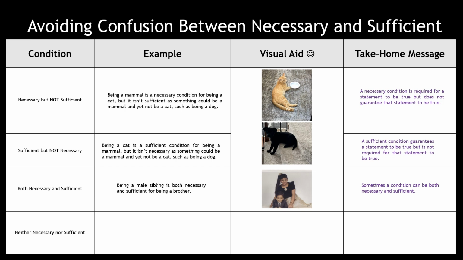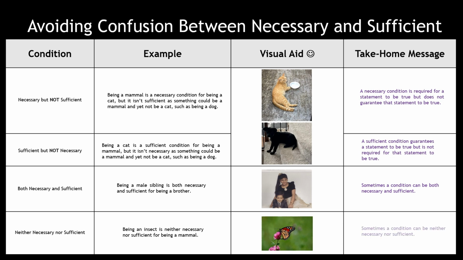Finally, a condition can be neither necessary nor sufficient. For example, being an insect is neither necessary nor sufficient for being a mammal. The take-home message about this is that sometimes a condition can be neither necessary nor sufficient.